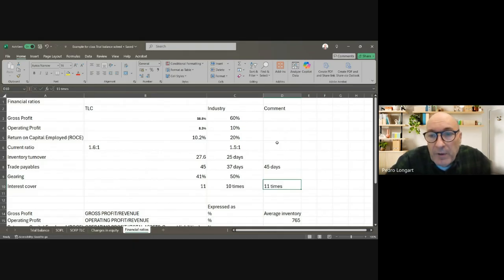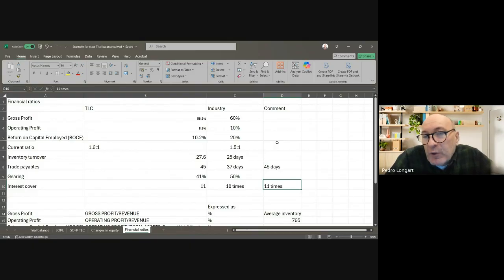The trade payables, again, some companies have a deliberate intention not to pay their suppliers on time, because they want to make use of that cash. Or maybe they have difficulty paying, right? It doesn't seem that there is difficulty paying because the current ratio tells you that there is money there to pay. Maybe more of a deliberate decision.